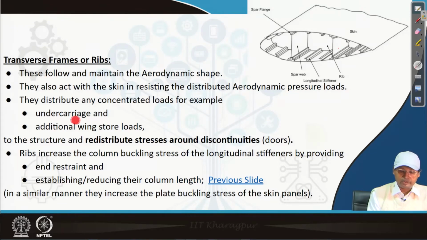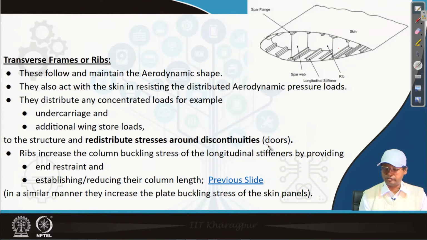About the undercarriage load, while the landing gear is attached to the wing, at that time it is required to carry those loads to the structure and distribute them. All these loads are carried to the structure, and the ribs redistribute stresses around discontinuities. So, redistribution of stresses around discontinuities is another important part.